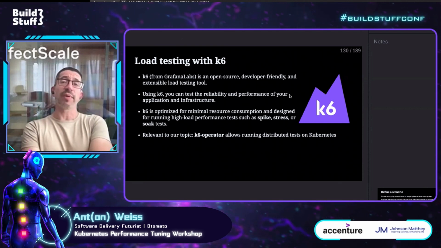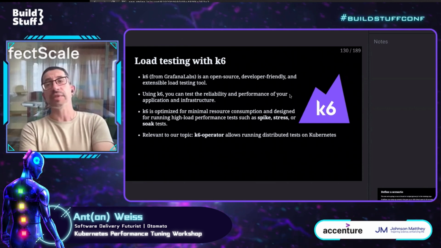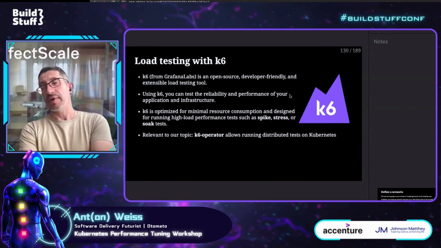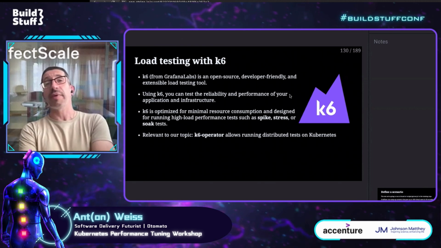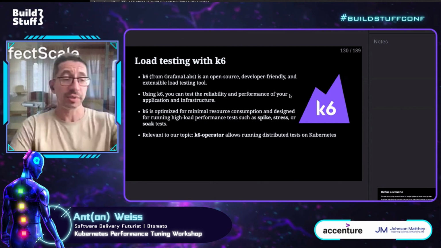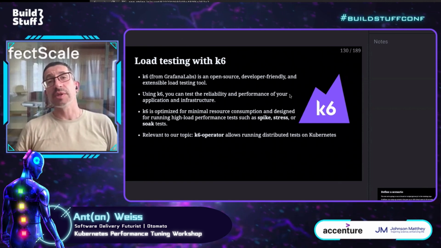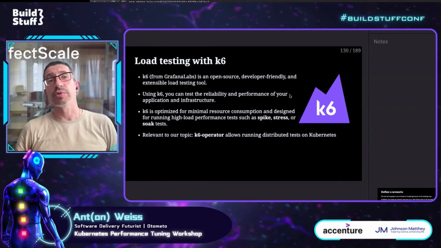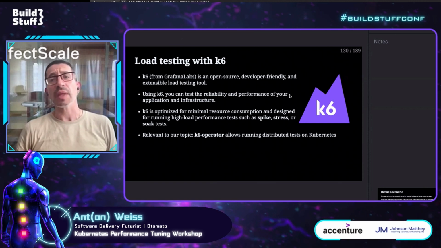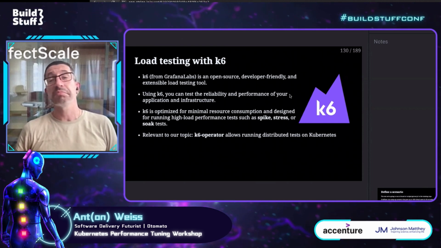So the tool that we've been using very heavily at PerfectScale in this last year is K6. I think it's one of the best load and performance testing tools for the cloud native ecosystem, because it's been built in the cloud native ecosystem. It's being built as open source by Grafana Labs. It allows us to run scripts in very simple to understand and read JavaScript.